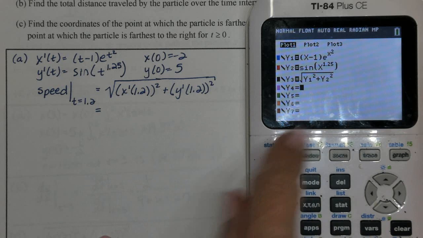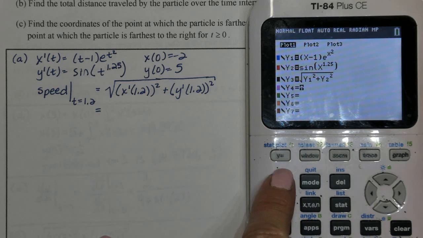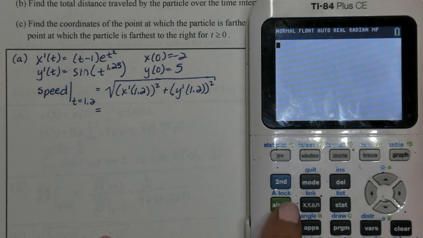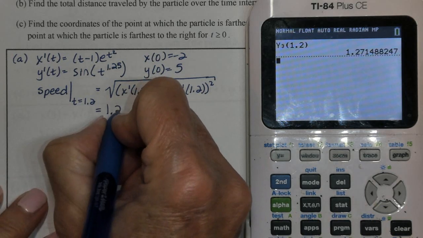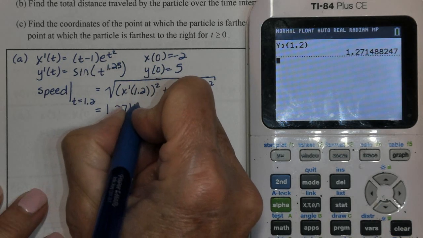Now I have speed in for y3. So in my home screen, I can say y3 at time 1.2, and I can get my answer easily that way.